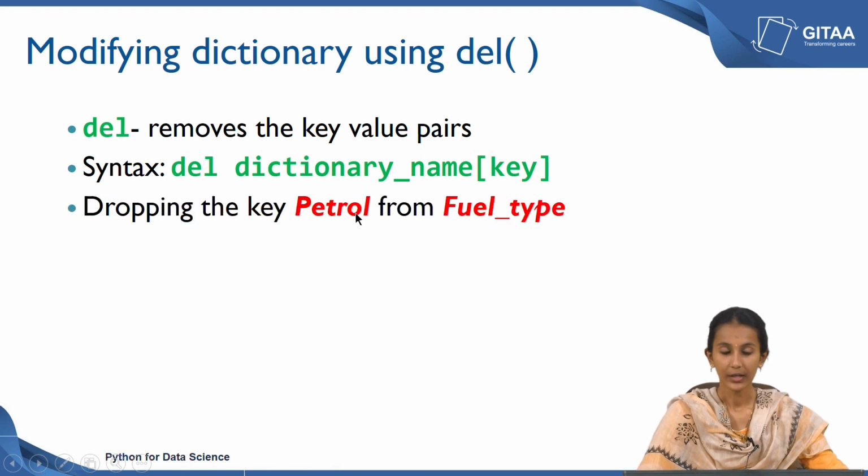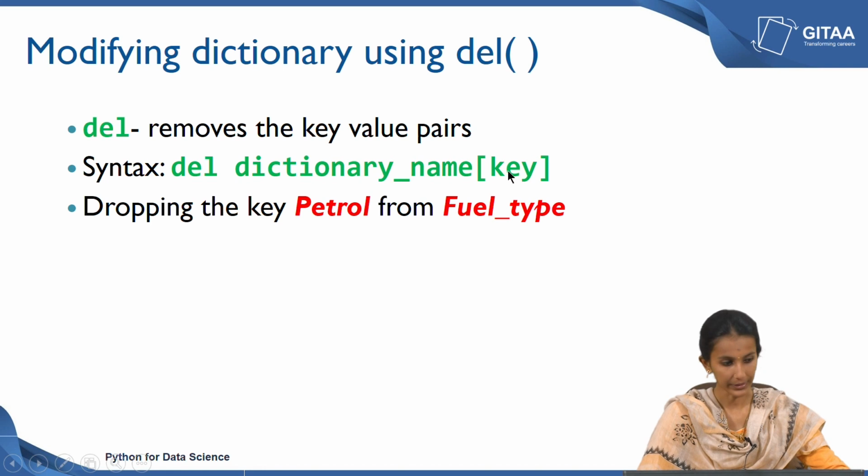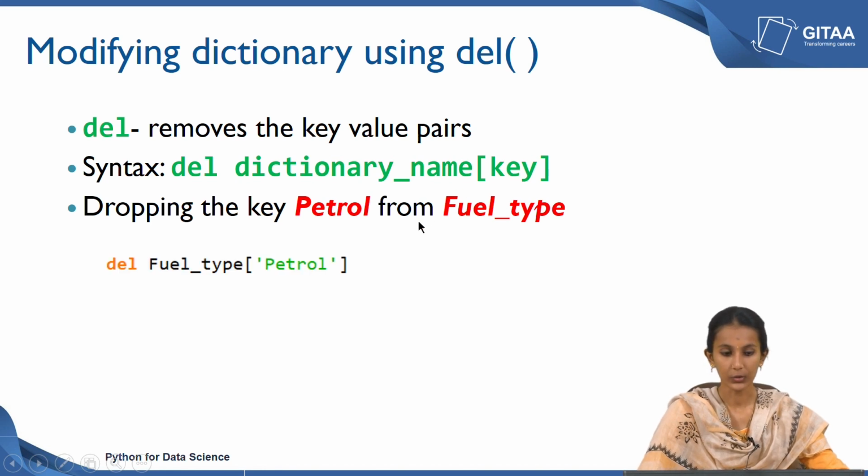Let us say you wanted to remove petrol from fuel_type. The command will be del fuel_type, which is our dictionary name, and the key is petrol, right.